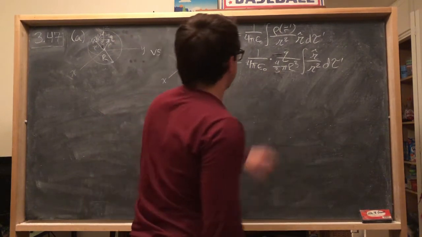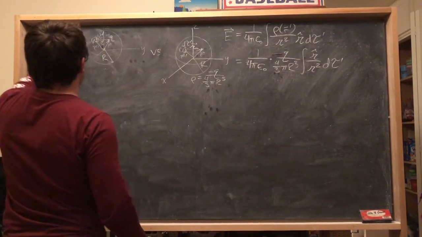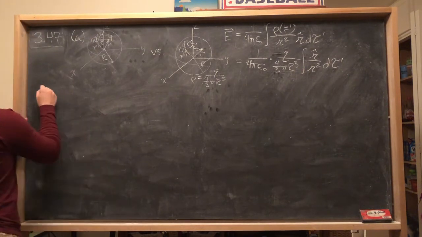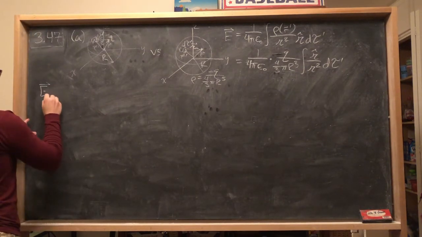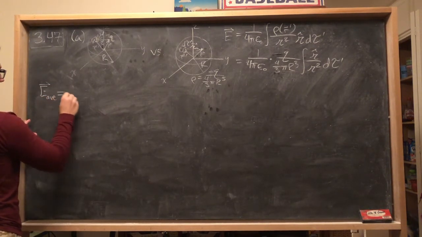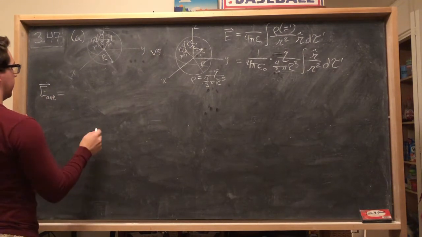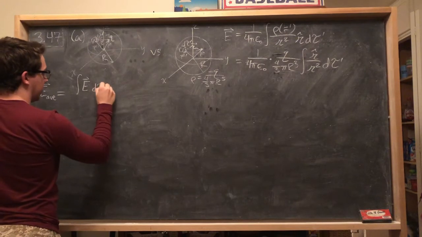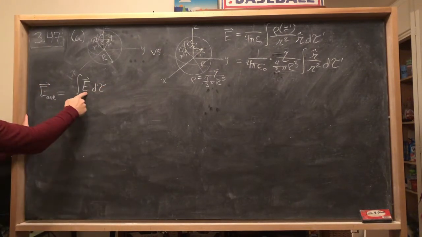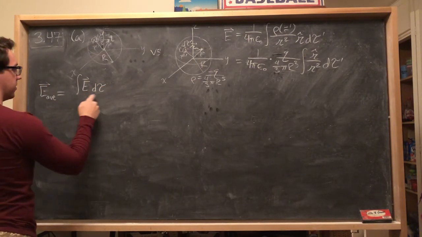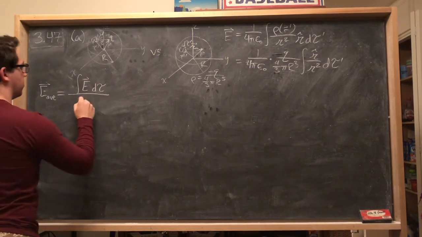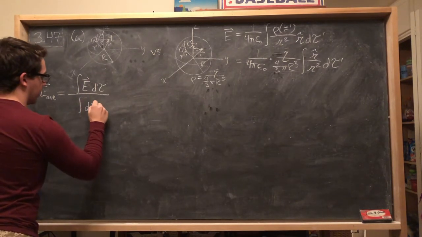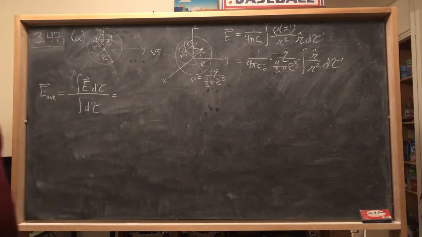So there's that. And then over here, we want to compute the average electric field of this setup. And we could write that as the integral of our electric field at a given point over this volume.